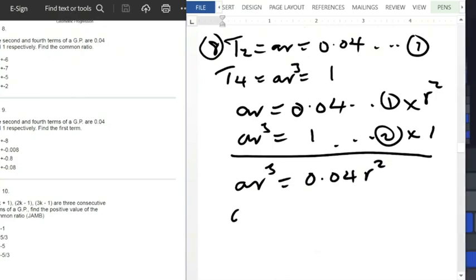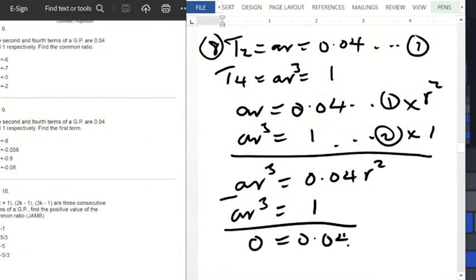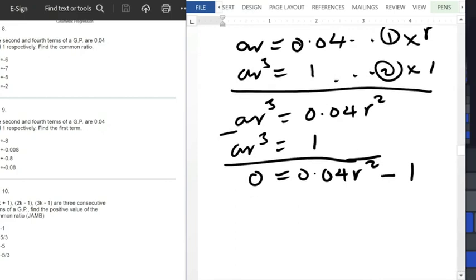Then we have ar raised to the power 3 equals 1. So if you subtract, we have 0 equals 0.04 r squared minus 1. So we now solve for that.